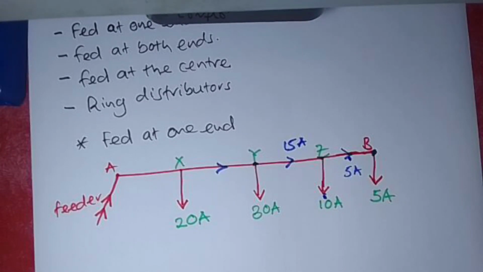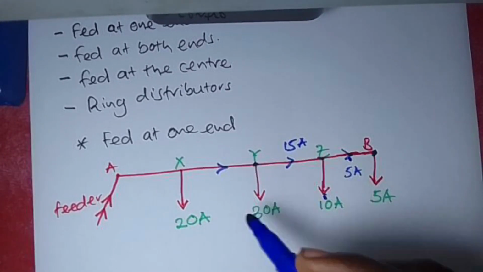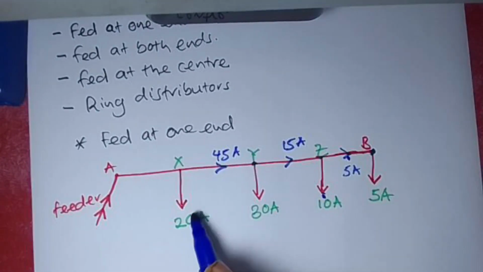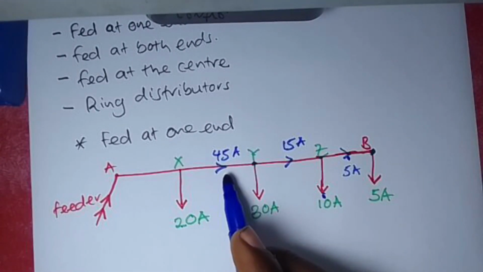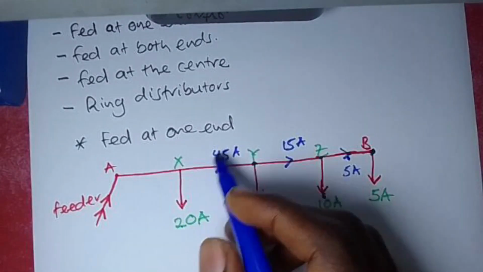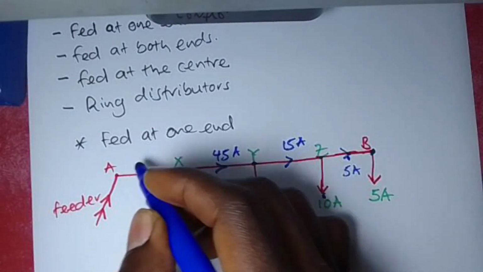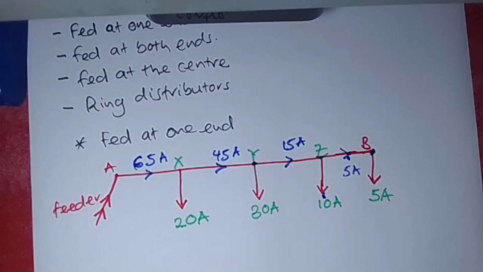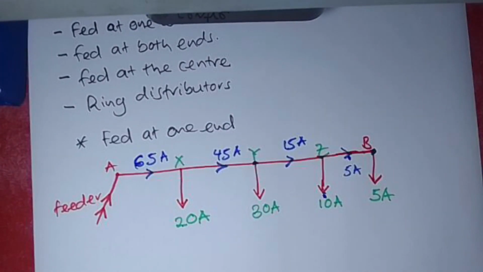So this is 30 plus 15, which gives us 45 amps. Then this is 20 plus 45, and that will give us 65 amps.